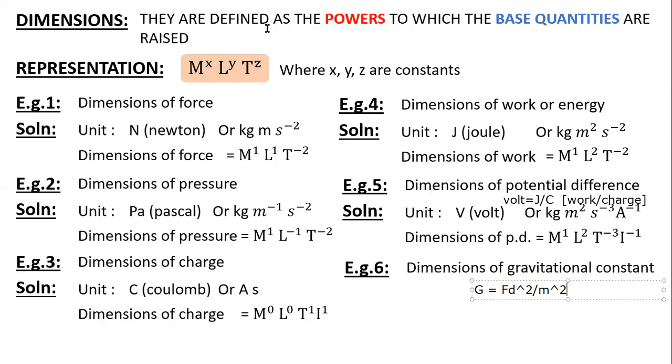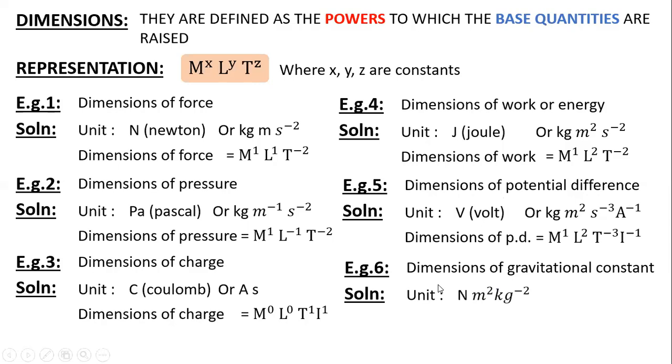Yes, correct. So according to the formula, the unit is Newton meter square per kg square. Once you substitute, you get kg power minus 1 meter cube s power minus 2. So you get the dimensions of G as M power minus 1 L power 3 T minus 2. This is how you can find the dimensions once you know the unit of any physical quantity.